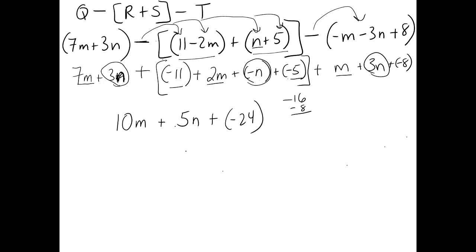So I could leave my answer that way, but probably the more routine way that we would see this for an actual solution we would just say, hey, it's 10m plus 5n minus 24. So this is the answer that you should get, and this is problem 2.60. So hopefully with some practice you're seeing this and it's just a little bit more clear for you.